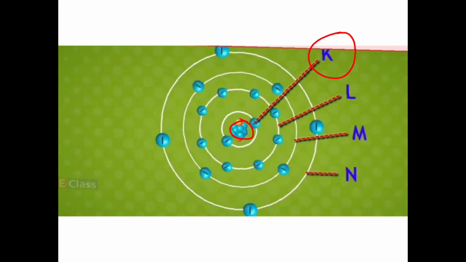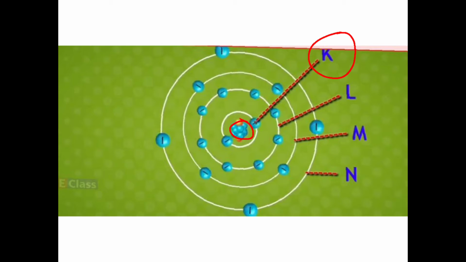The thing which is marked by K is called the first shell, and the first shell is denoted by the letter K. The very first orbit, you can say the very first energy level, is the K shell.